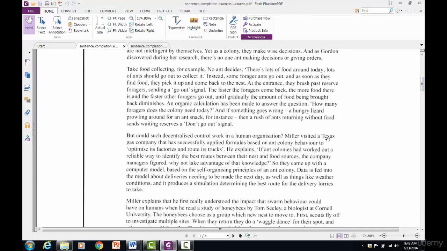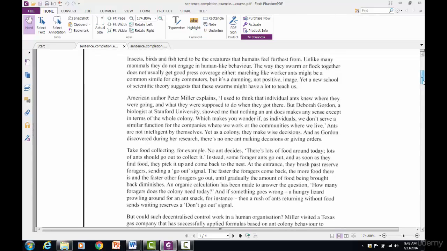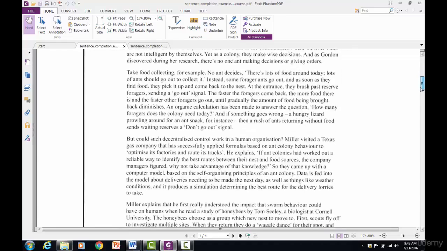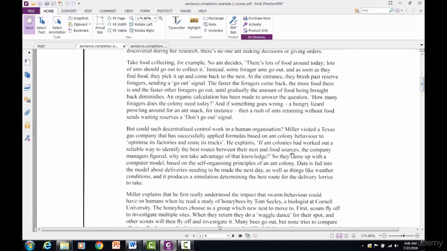All right, so here it is right here, Texas. Okay, it's right here. And we are in the 4th paragraph. And for those of you who want to work along with us, this test is from the 2014 8 practice test. And I believe this is the reading passage from test number 3.